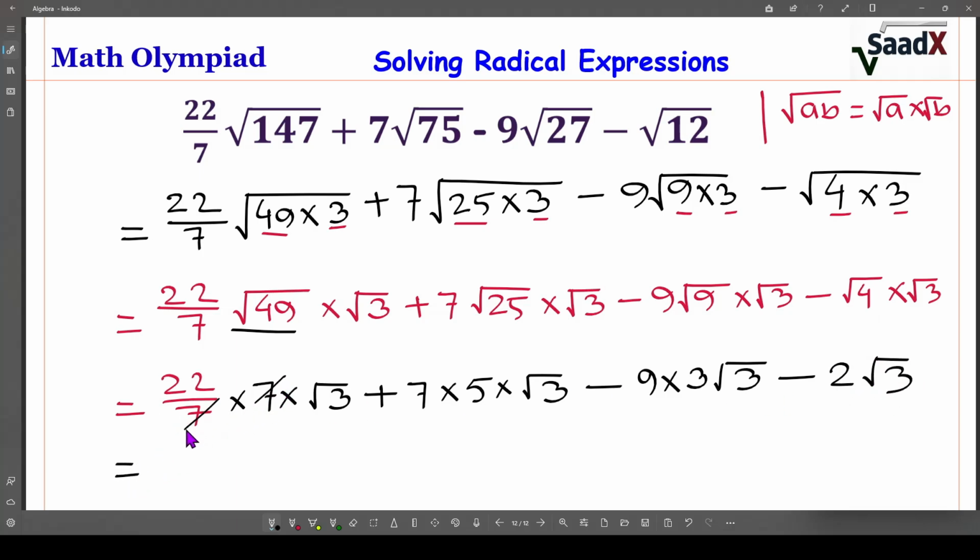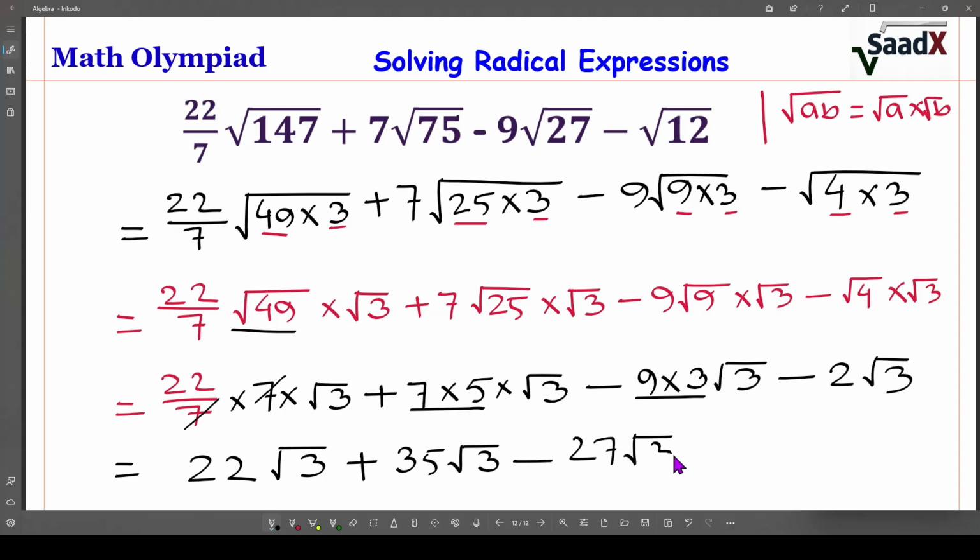This 7 and this 7 cancel out, so here is 22 root 3 plus 7 times 5, 35 root 3, minus 9 times 3, 27 root 3, minus 2 root 3.